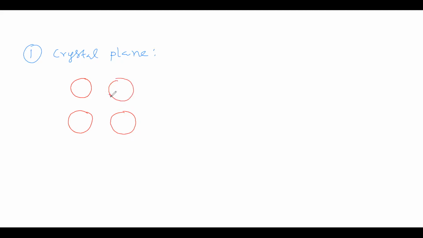Then a fifth constituent particle, like this. All the constituent particles have similar size. Now this is the crystal plane in FCC.